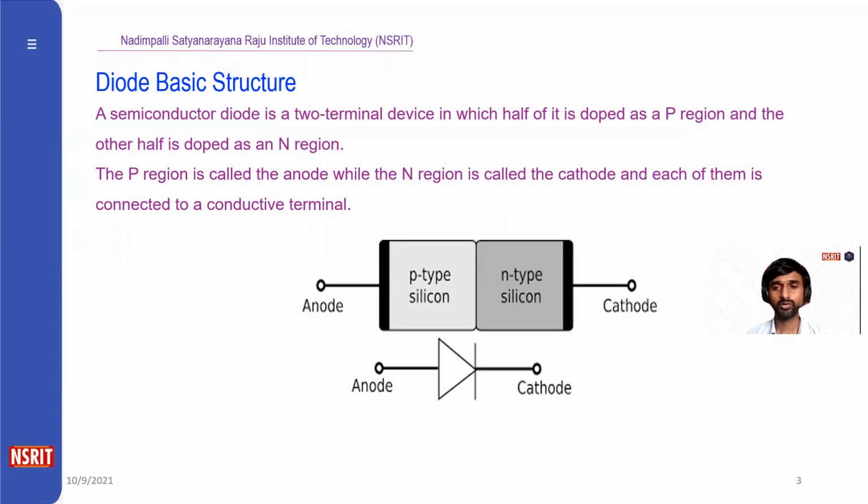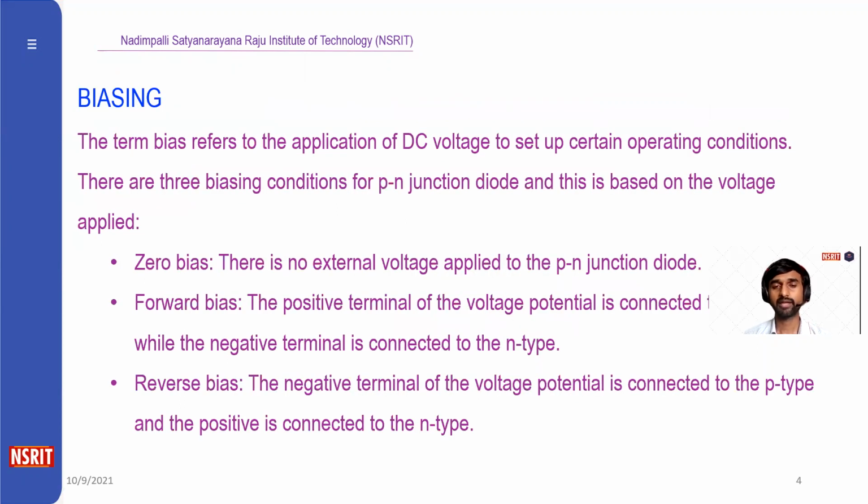Now, moving on to the next concept, which is biasing. So what do you mean by biasing? Biasing is nothing but providing external DC voltage. Okay, the term biasing refers to application of DC voltage externally. And why do we need to apply this DC voltage externally? It is to set up operating conditions.